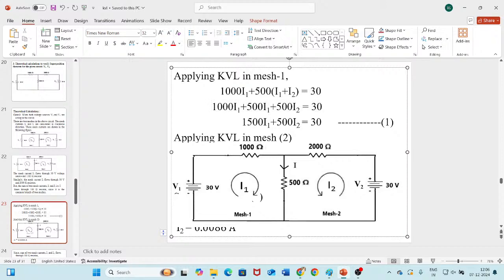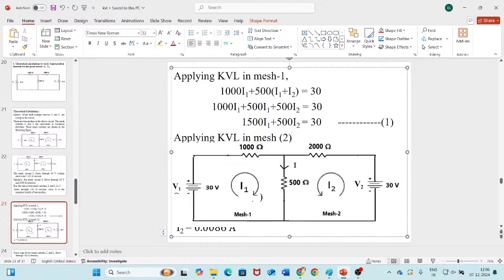So it is 1000 into I1 plus 500 I1 plus 500 I2. You add 1000 I1 plus 500 I1, you will get 1500 I1 plus 500 I2 equal to 30. Consider it as equation 1.